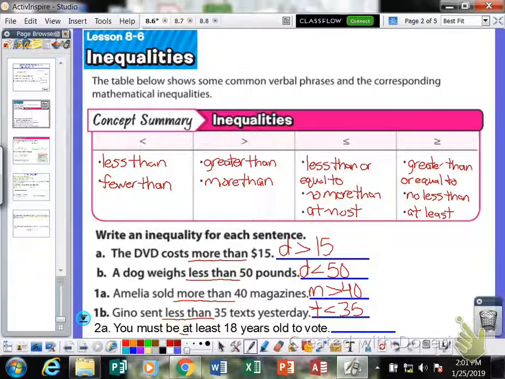We have at least. If we look back up at our table, we can see that at least falls under our greater than or equal to symbol. We'll just use V here as our variable. So V is greater than or equal to 18.